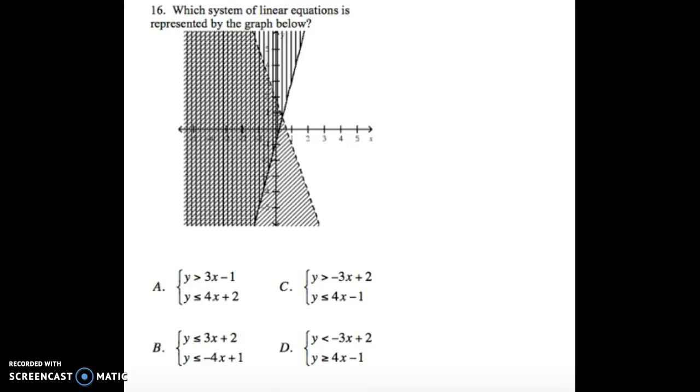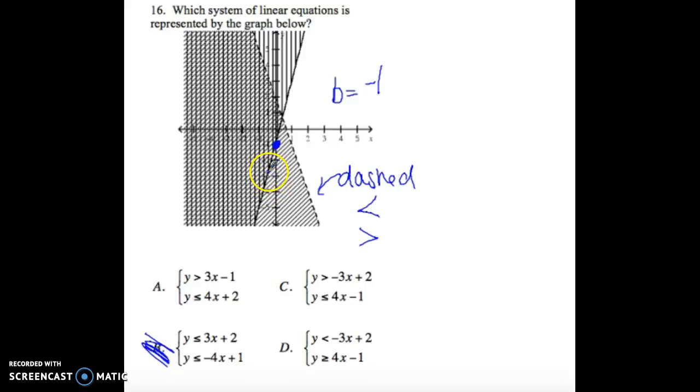Which system of linear equations is graphed below? For this one, I first eliminated B because I knew that this one was dashed, which means that it has to be either less than or greater than. Then I looked at my solid line. My solid line has a y-intercept of -1.